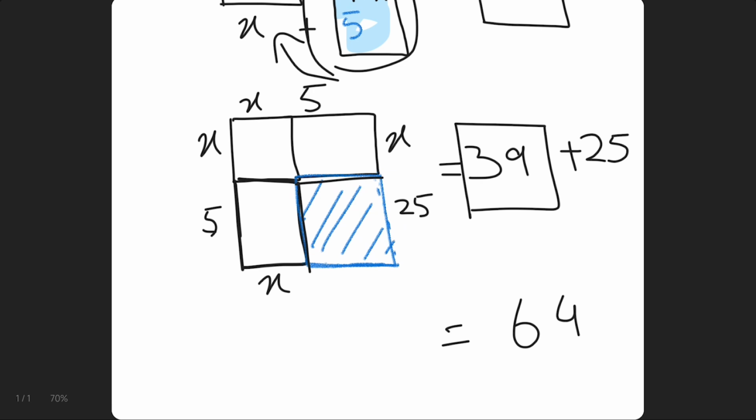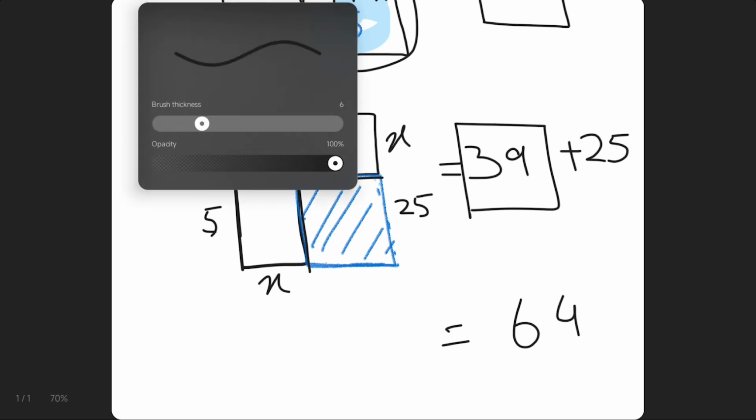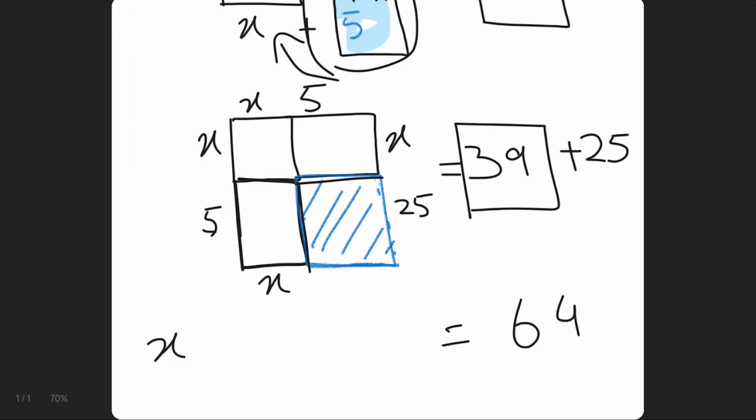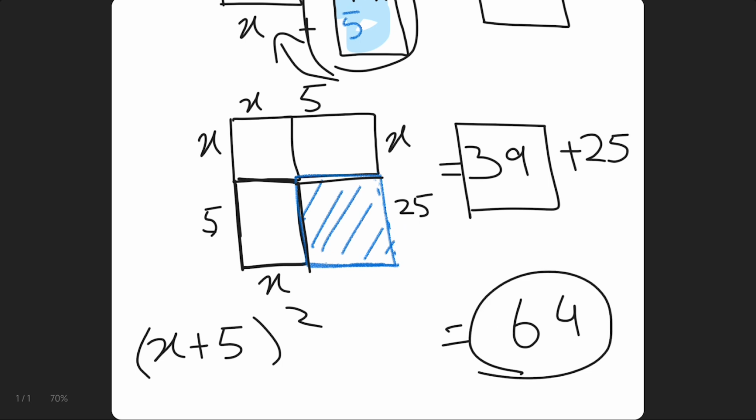It's a square. And what is the length of one side? That would be x plus 5. So what would the area of this square be? x plus 5 times x plus 5, so x plus 5 squared equals 64.